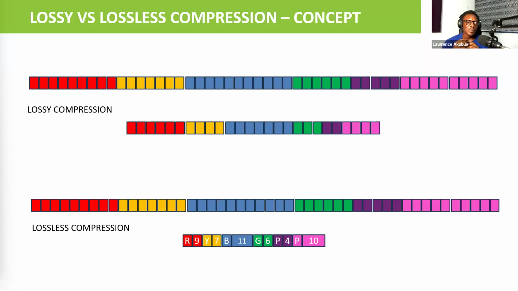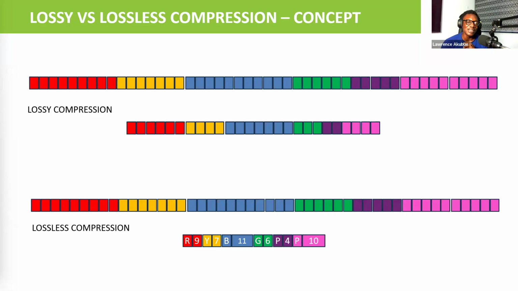So that's what they call lossy. But there is a compression called lossless. Some of you have used WinRAR or Zip, something like that. You understand? So what happens is it uses some form of algorithm. You can see if there are 9 reds, okay, it will put like 2 boxes, R for red and 9. The other one is what? Y7.